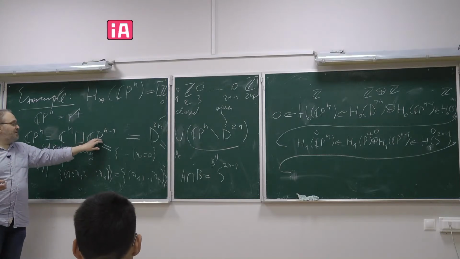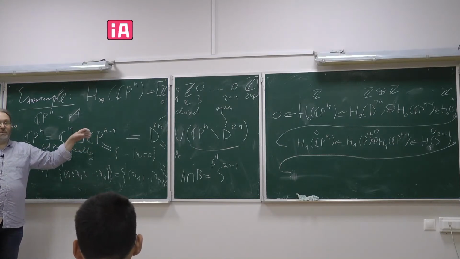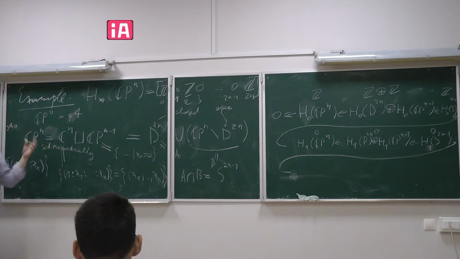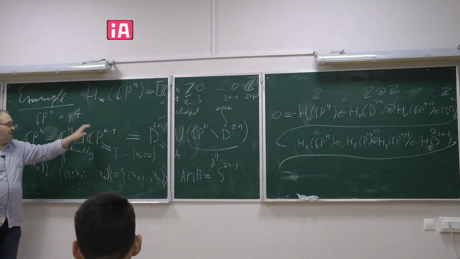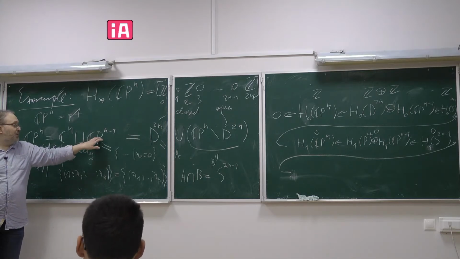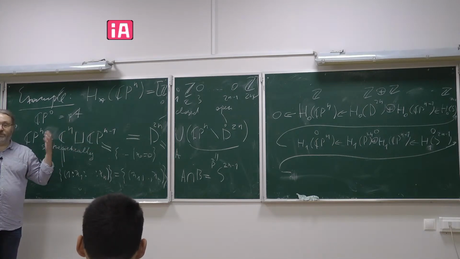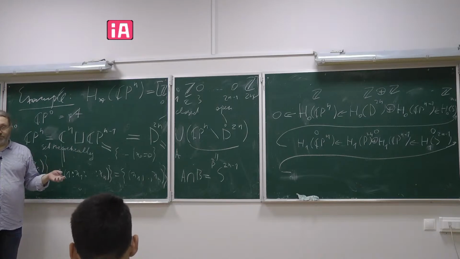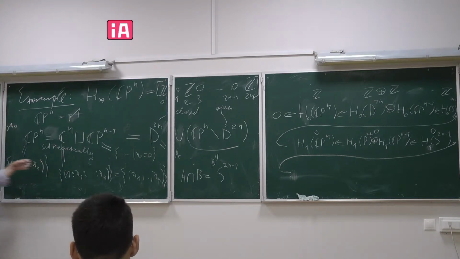So this CP n-1 is the space I want to deformation retract B onto. And so I construct a map. What does this map do? It's a deformation retraction, so it takes every point of CP n-1 to itself. That's what deformation retractions do. What about the rest?